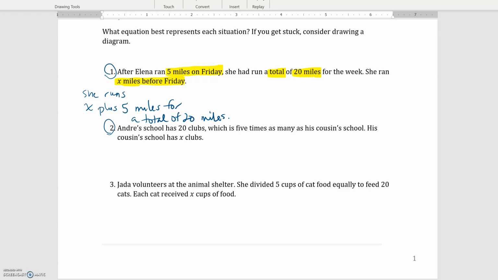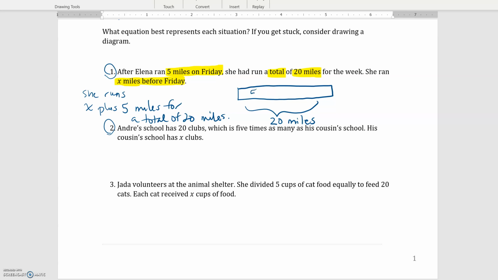So thinking how I want to draw that, I can see that I have a diagram where there's a total of 20 miles and she runs X miles before Friday, and then 5. I'm going to redraw this diagram a little bit.